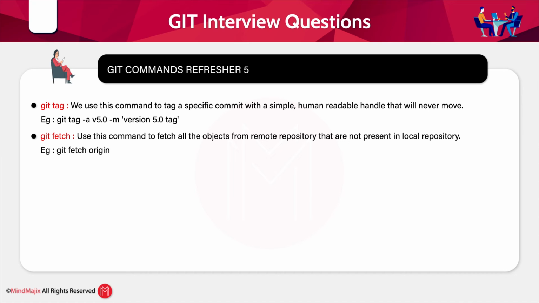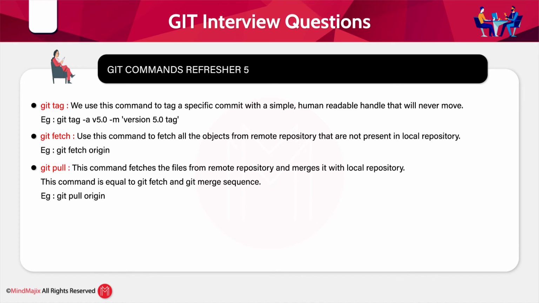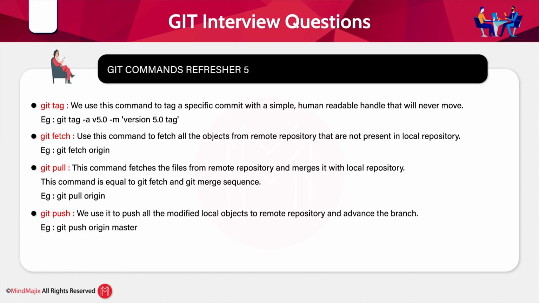Git fetch: we can check whether any updates are available in the remote repository or not. Git pull is what? To retrieve the data, okay? If the updates are available in the remote repository, we can pull them into our local repository. Like push, local repository files will be pushed to what? Remote repository.